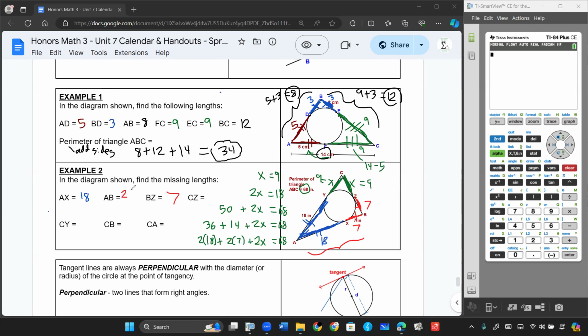That's going to be 25. And then CZ is going to be over here. That's the 9 that we got with the green. And CY was also 9. CB is going to be the sum of these two, so it's going to be 9 plus 7, which is 16. And then finally, CA, that's going to be these two. 9 plus 18 is going to be 27.